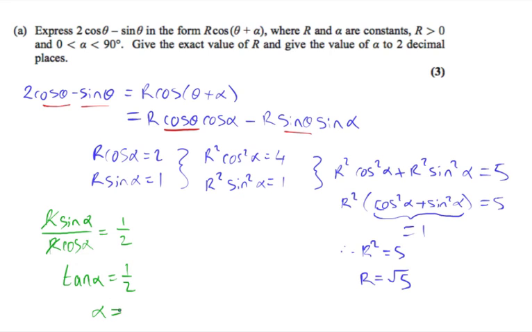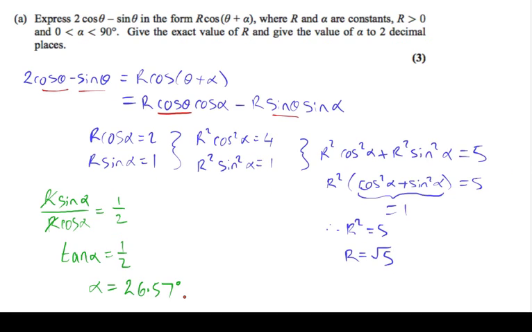To find alpha, we take tan to the minus 1 of a half, which gives us 26.57 degrees to 2 decimal places. Finally, the answer to part A is we can write 2 cos theta minus sine theta as the square root of 5 cos(theta plus 26.57 degrees).